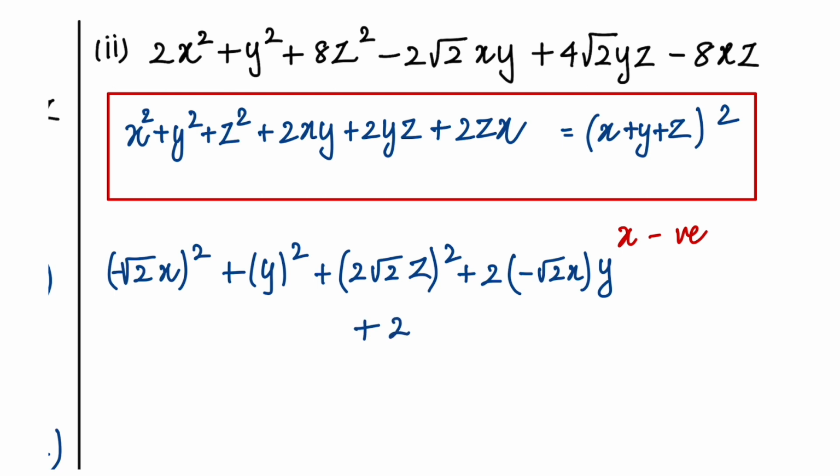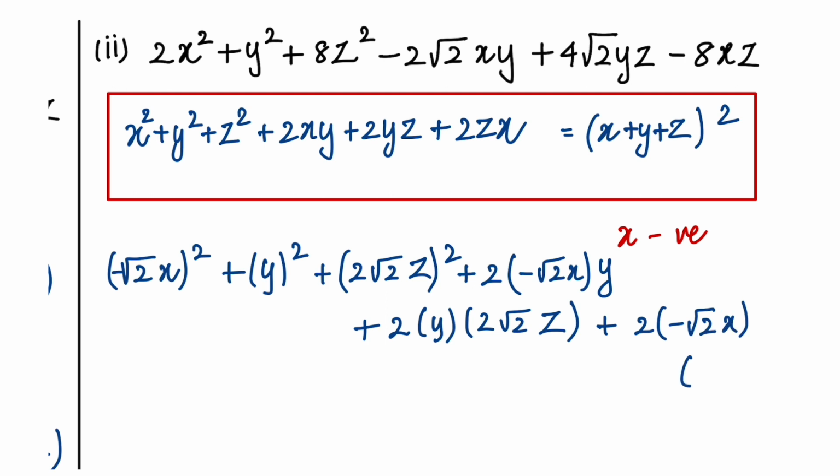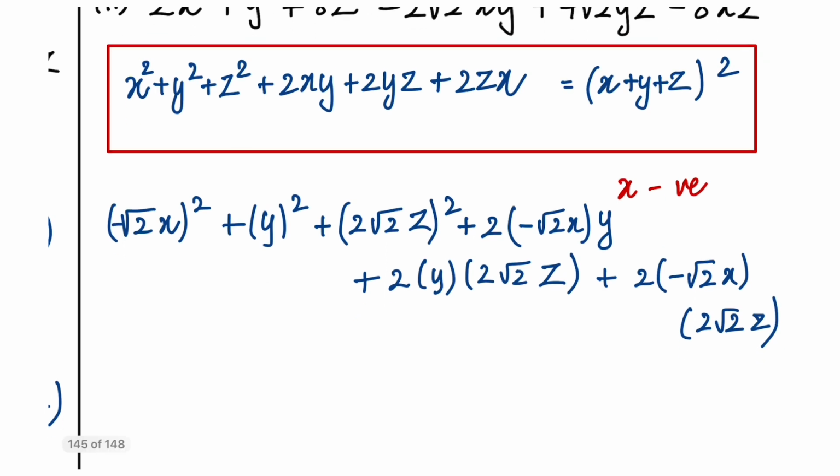And the next term is 2 into yz. y here is y and z here is 2 root 2z. And the last term is 2 into xz, right? x is minus root 2x and z is 2 root 2z. So these are the terms.